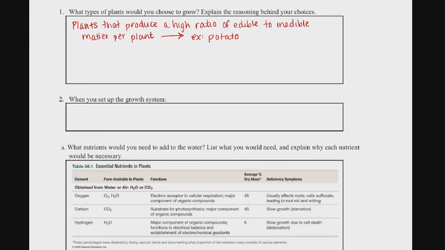List what you would need and explain why each nutrient would be necessary. These tables that you're seeing here and on the next page identify different kinds of nutrients that a plant would need and what kind of symptoms they would face if they were deficient.